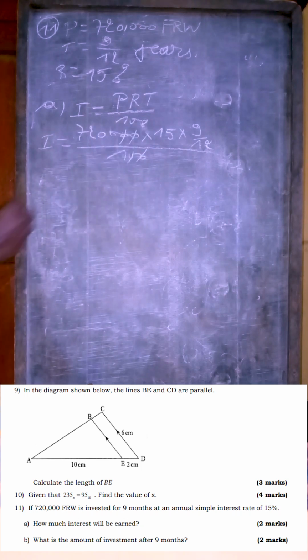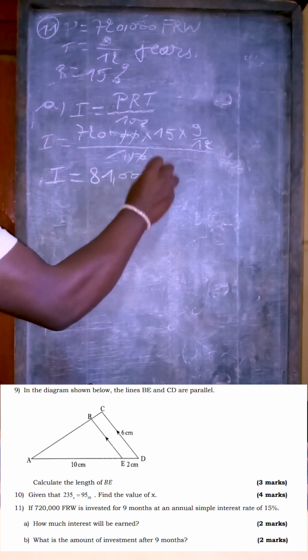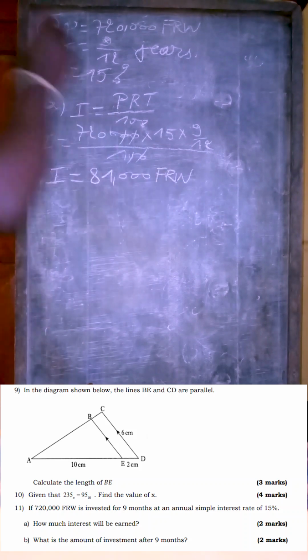After computing, let us check by using the calculator. It will be 720,000 times 15 times 9, then over 12. It will be 81,000 francs. This is the interest.